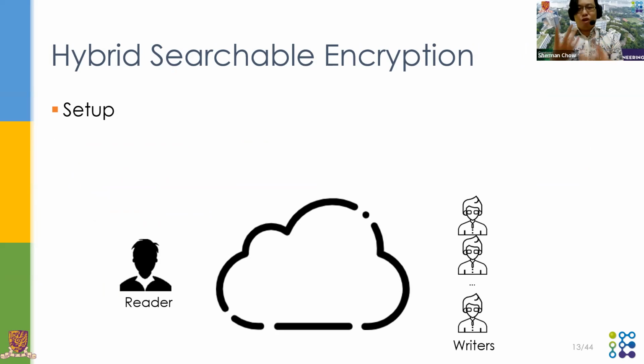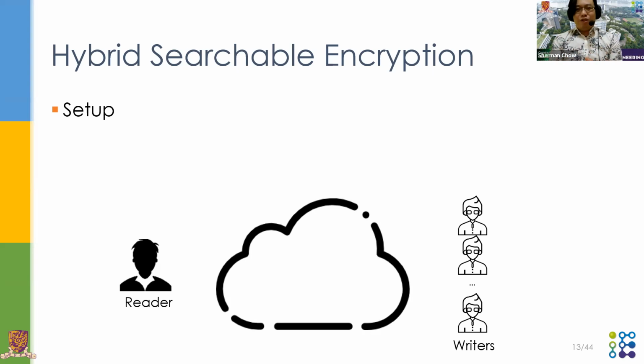You want to encrypt the larger payload with symmetric key encryption, which is faster, and then you encrypt just the symmetric key by using public key encryption. In this way, you get the best of both worlds. You still achieve public key encryption, but you do not need to use public key encryption to encrypt the whole bulky payload. So yes, we reuse this idea and try to port it to searchable encryption.